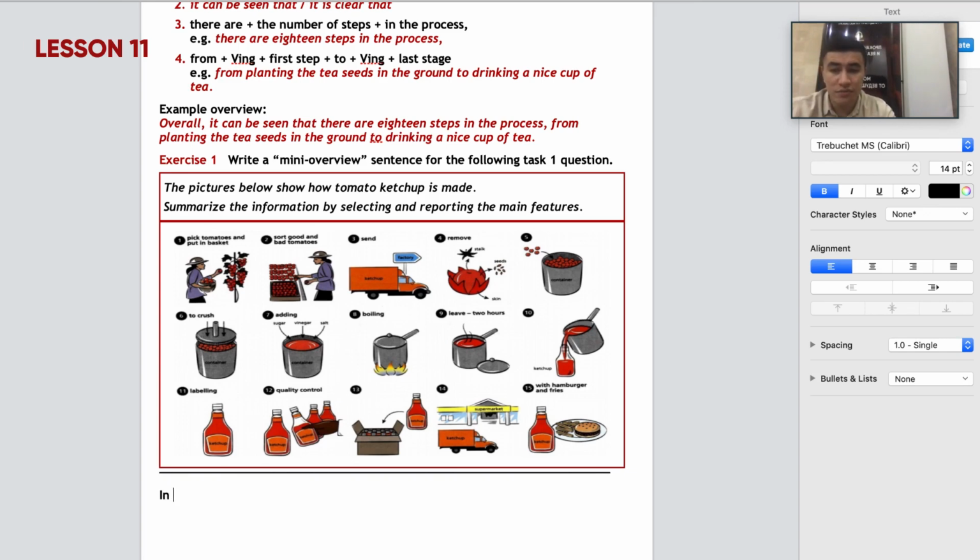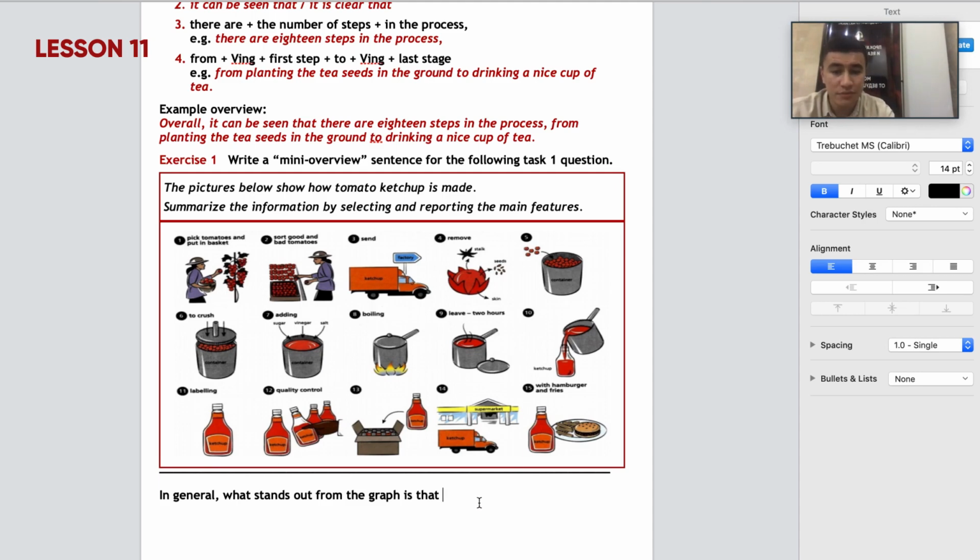Okay, in general, what stands out from the graph is that, as you can see, we have 15 steps here.